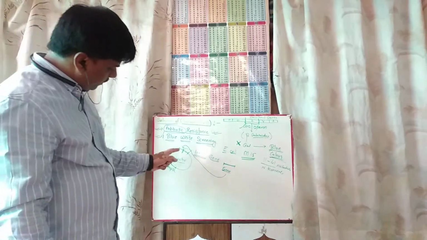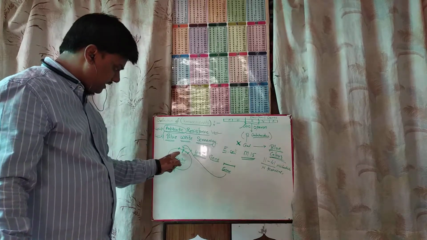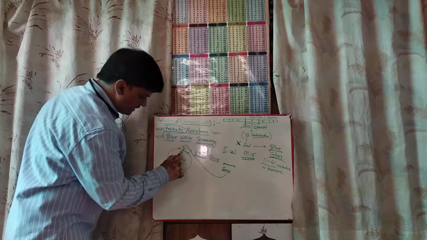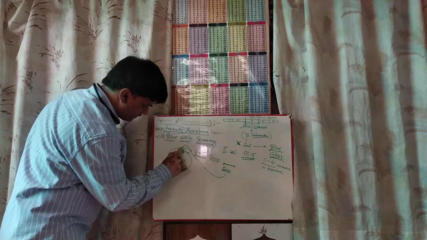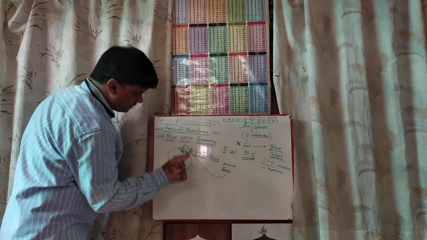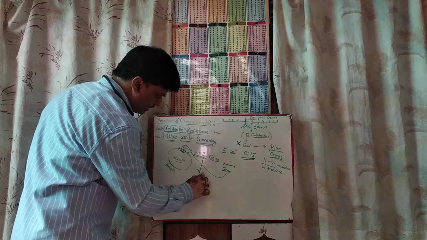So if the gene of interest gets inserted inside the lac Z gene, suppose here we insert our gene of interest, then the lac Z gene will not be intact.